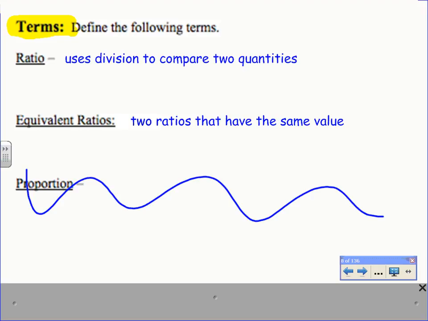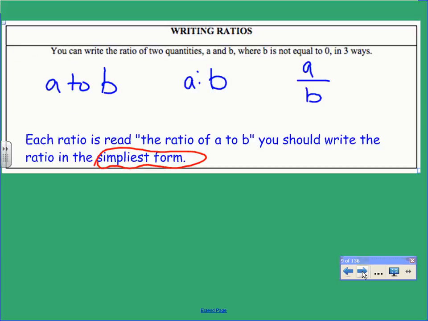When you're ready, go ahead and flip over to the next page. There's a box at the top that says writing ratios. This is in the Algebra 1 book, so you'll actually see this again next year. Here's what it says. You can write a ratio of two quantities, A and B, where, of course, the denominator, which is B, is not 0, and you can write it three different ways.